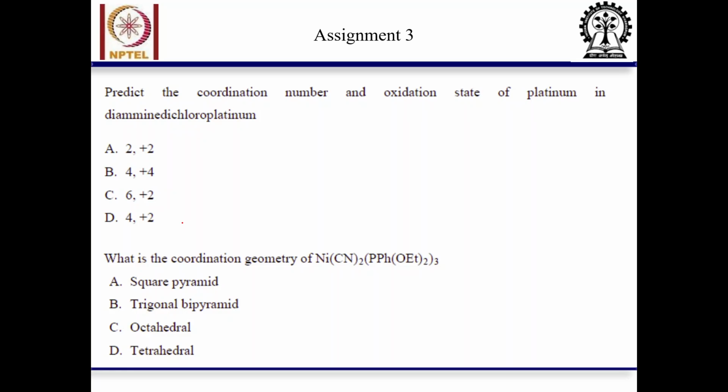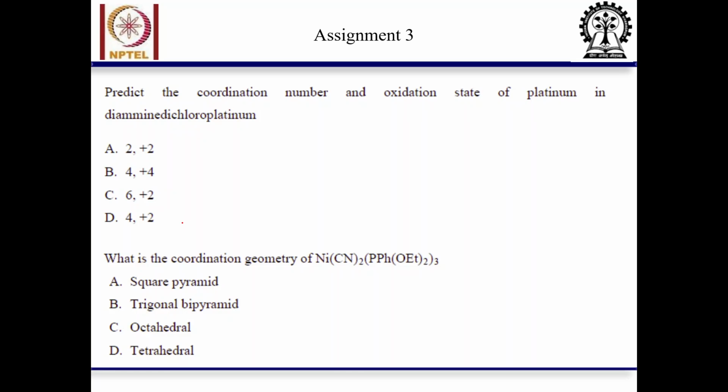So now the question is: what is the coordination geometry for NiCN2(PPh2OEt)3? Okay. Tetrahedral.